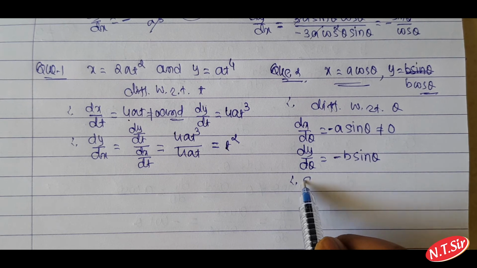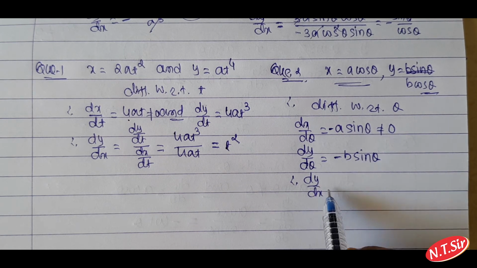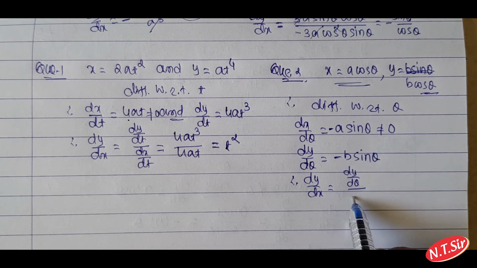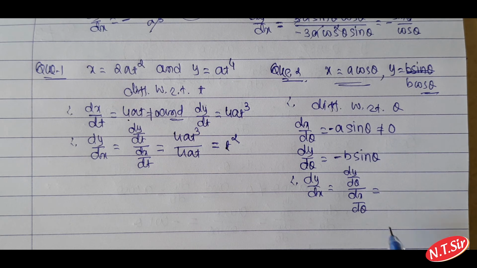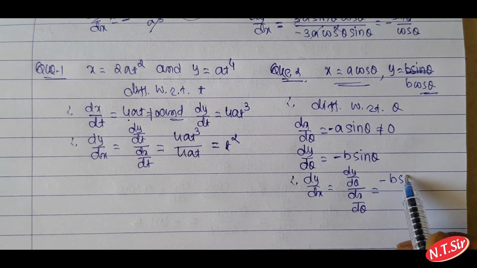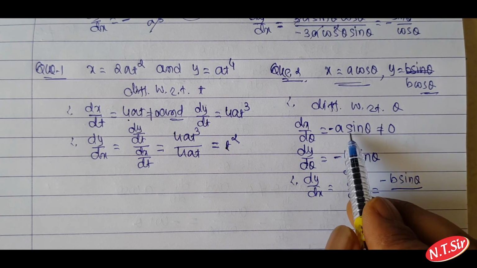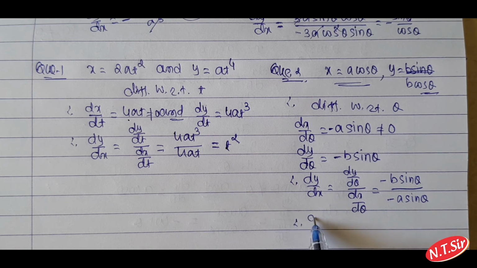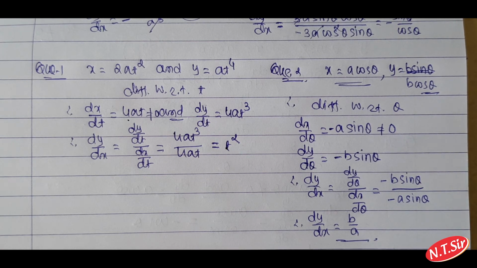So therefore dy by dx is equal to dy by d theta upon dx by d theta. So dy by d theta is minus b sin theta whole upon dx by d theta, which is minus a sin theta. So your answer will be dy by dx is equal to b upon a. तो ये आपका आंसर आ गया.